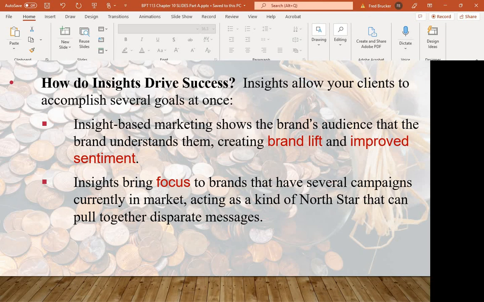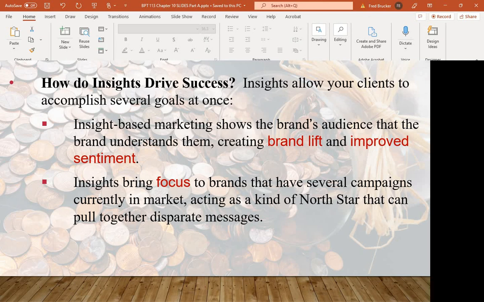Also, insight-based marketing shows the brand's audience that the brand understands them, creating brand lift and improved sentiment. Because just as much as our clients appreciate it when we reach out to them and show them that we care, the same's going to happen for a company that realizes new information and responds to that for the benefit of their clients.